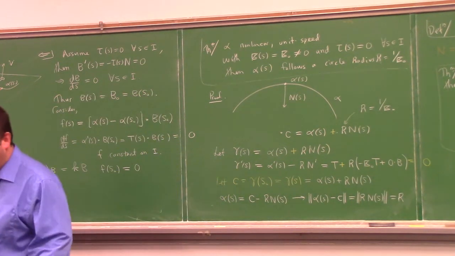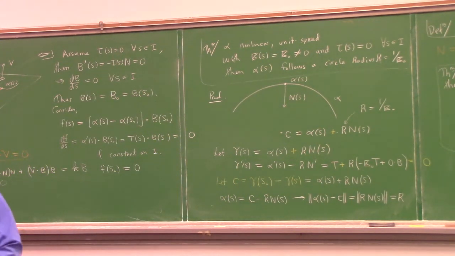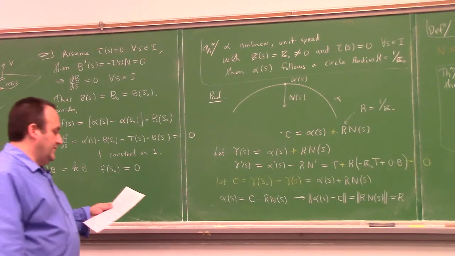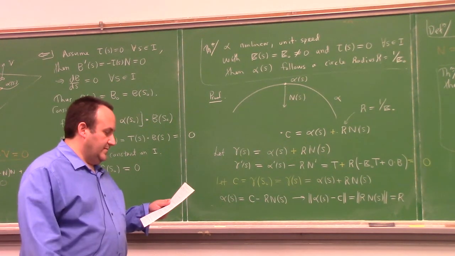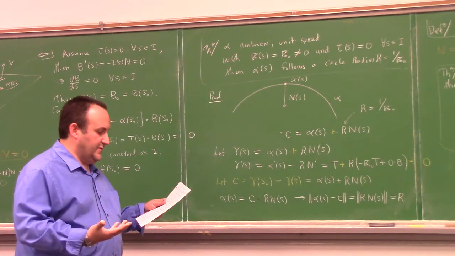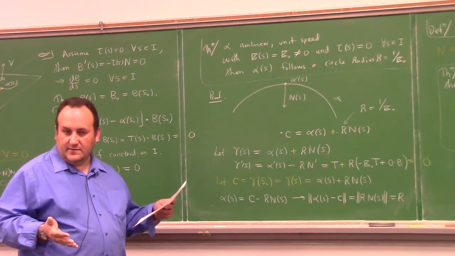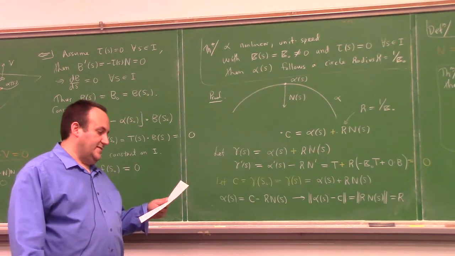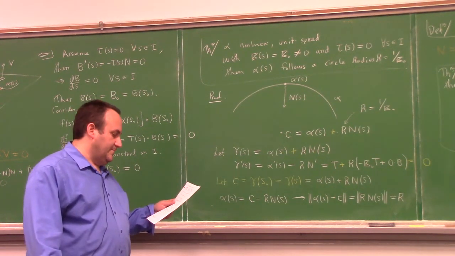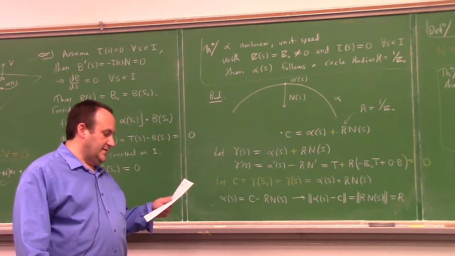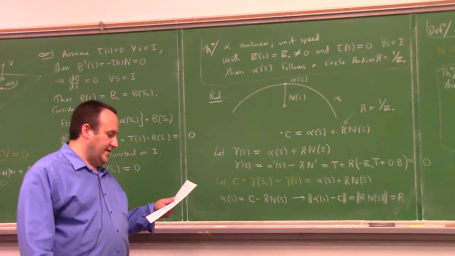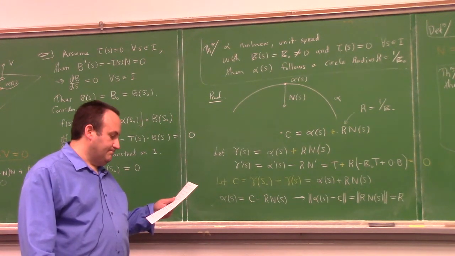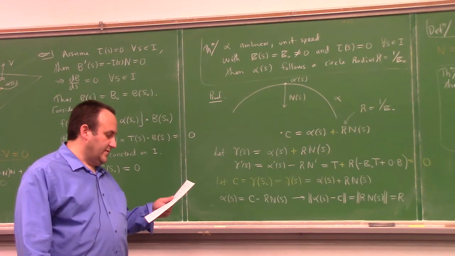Now there's one other example here, which is example 2.4.7. Example 2.4.7 looks at a similar argument to show that if you have a curve on a sphere, then the curvature has to be at least as large as the reciprocal of the radius of the sphere.